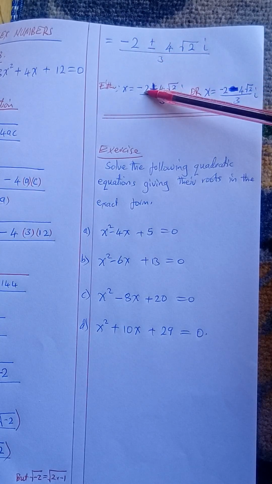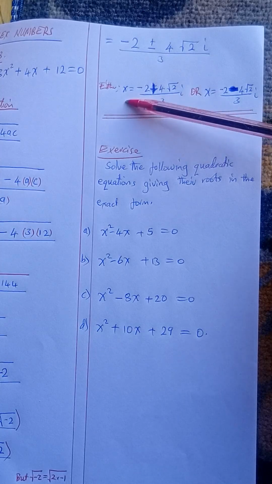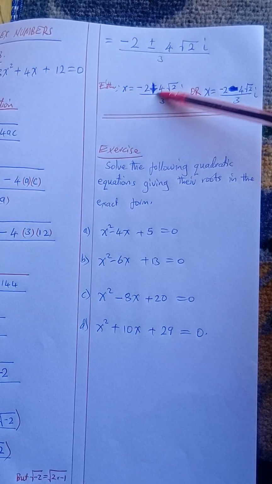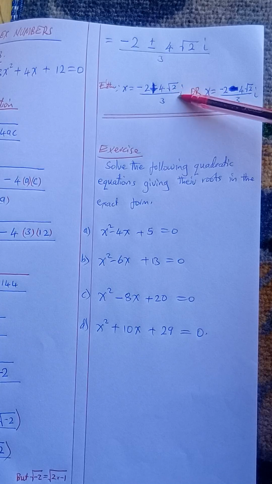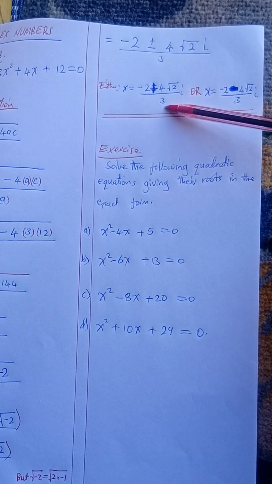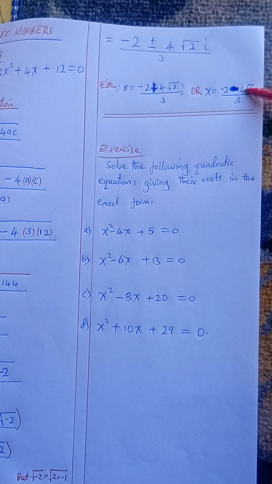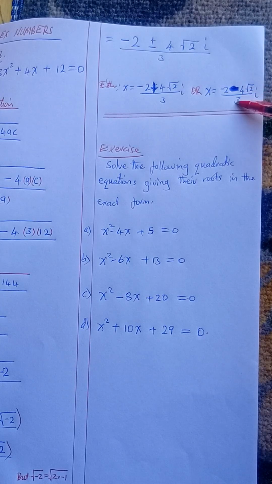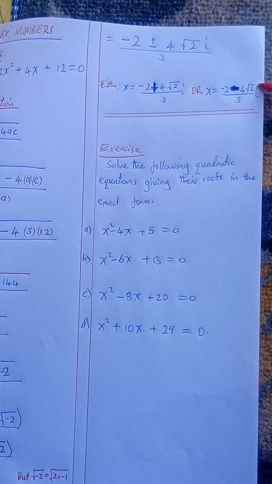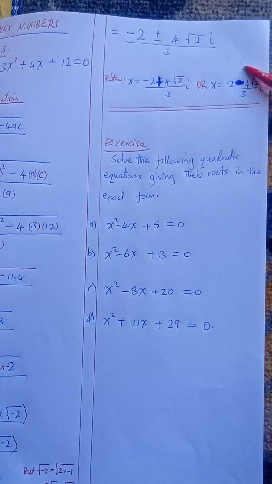So we can say either x is equal to negative 2 plus 4 root 2i out of 3, or x is equal to negative 2 minus 4 root 2i out of 3. So that is the answer.